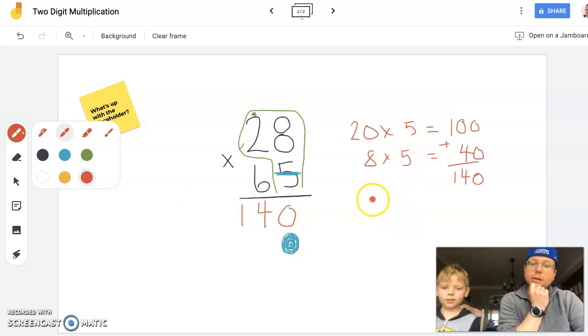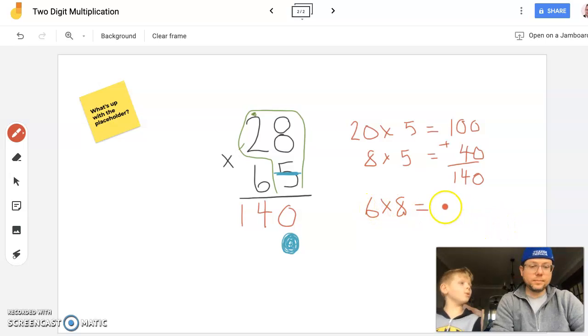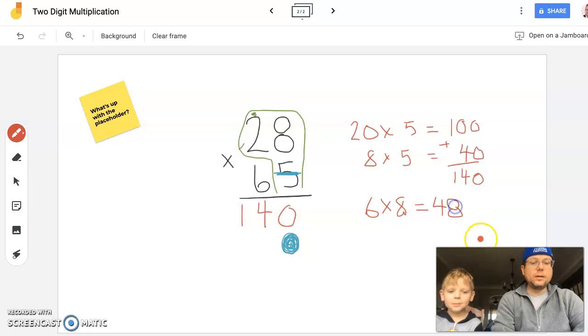Back to red. There's the 6, and I'm going to multiply that times 8 ones. So this is actually 6 tens times 8 ones, but we already have a placeholder, so we can drop that off. What's 6 times 8? 6 times 8 is 48. Nice rhyme. 6 times 8 is 48, so we did this times this.